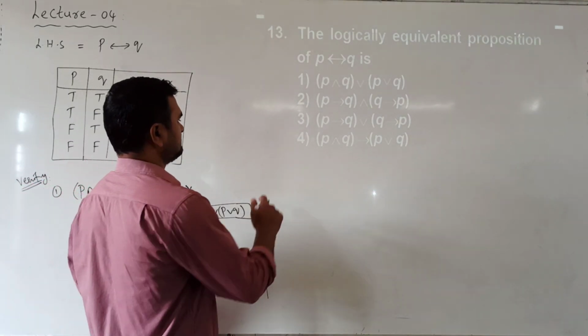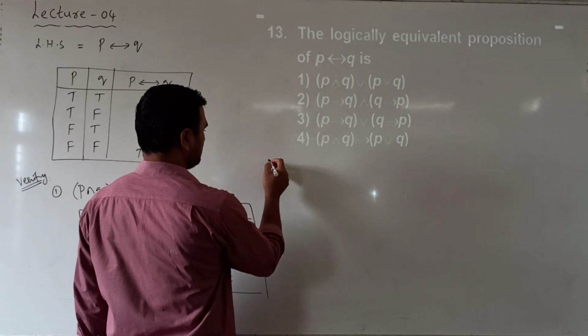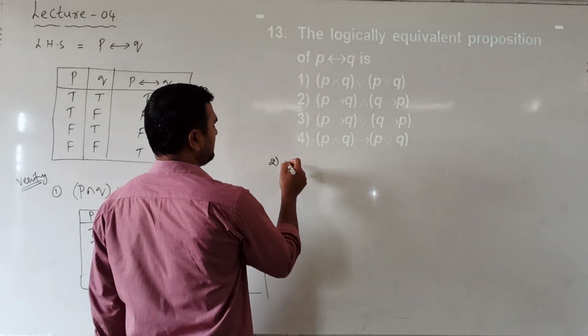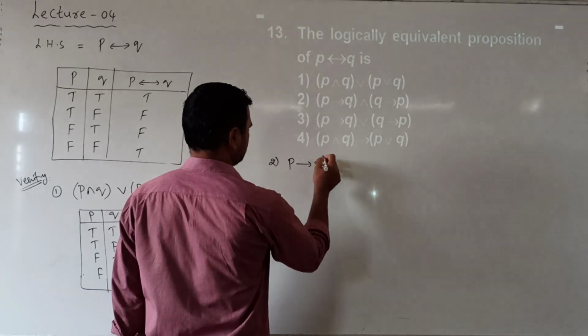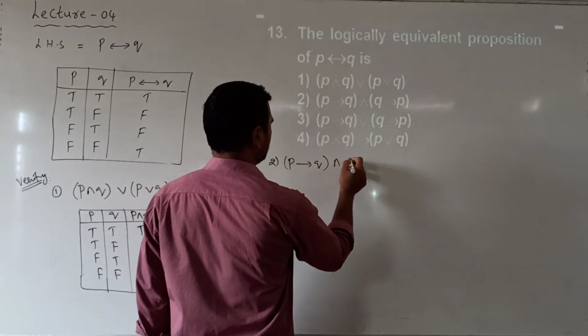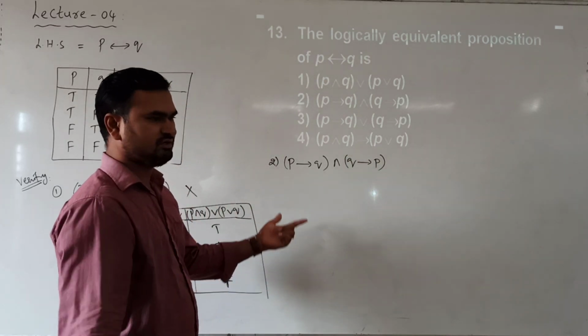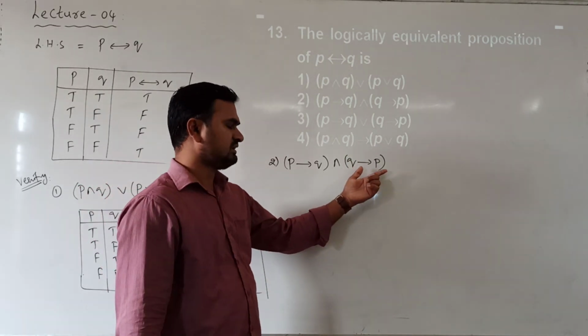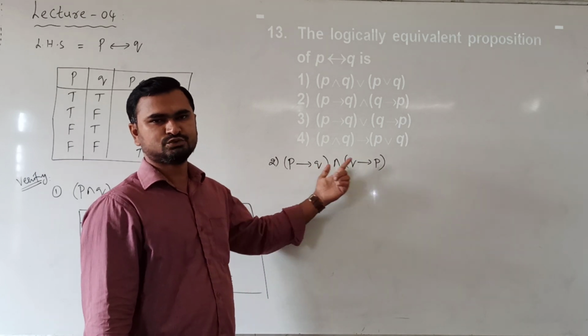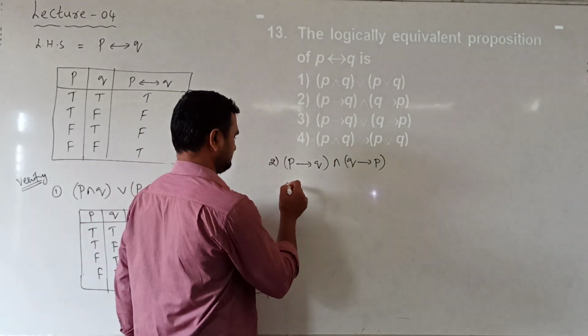Now we take the second option: P implies Q and Q implies P. We need to find P implies Q first, then Q implies P, and for these two we take the AND operation.